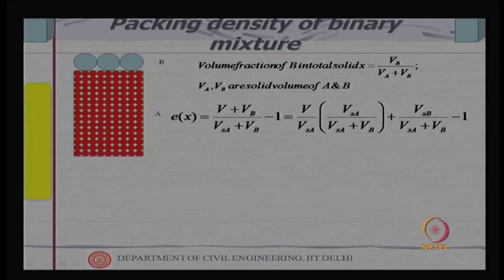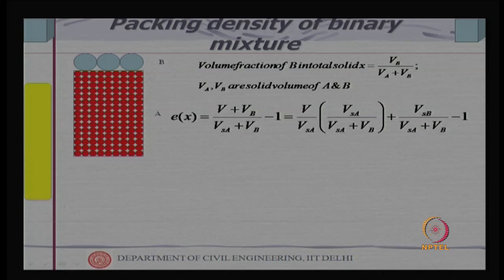We said in the V volume, V_SA is the amount of solid, and I can write it like this, V by V_SA. If I can write it like this, V by, I am separating out two components, because V can be written as V_SA plus V_B.